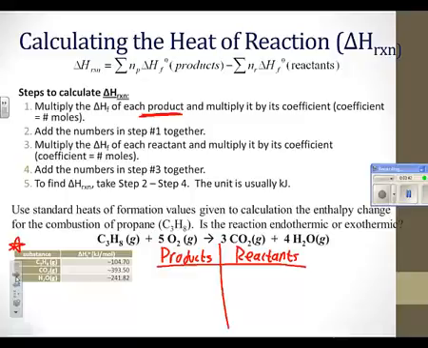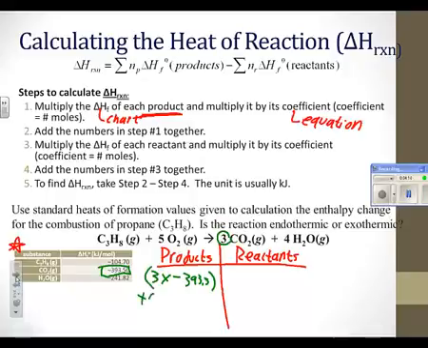So then, you multiply the delta HF, that is from the chart, by the coefficient, which is from the equation. So the first product we have is CO2. That coefficient is 3. So I would say 3 times the delta HF of CO2, which is right here, negative 393.5. Then I'm going to put that in parentheses.